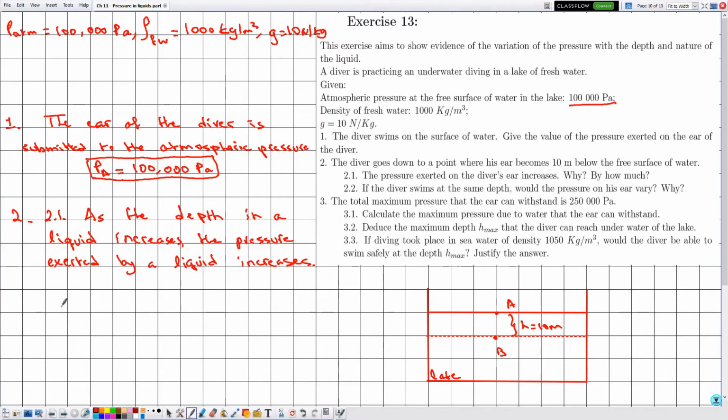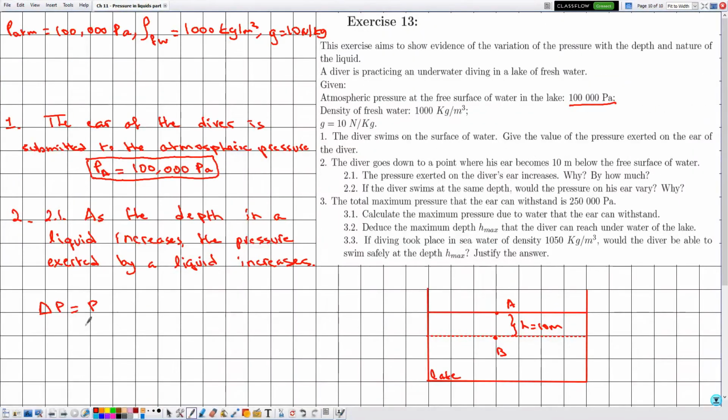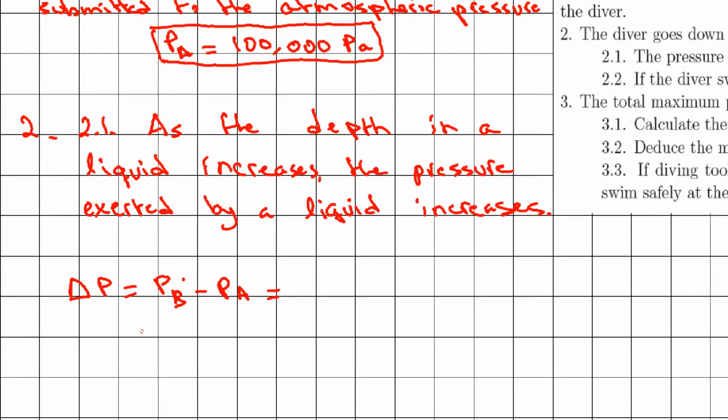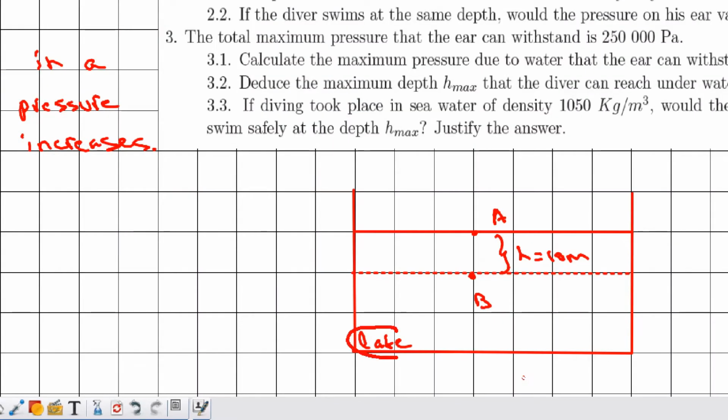So let's say delta P is equal to the pressure at the point located at the lower horizontal level, PB, minus PA. We know the pressure at the point A, which is the atmospheric pressure. However, we don't know the total pressure at the point B, so it's simpler to calculate delta P using the variation, which depends on the density of this liquid, the lake water.